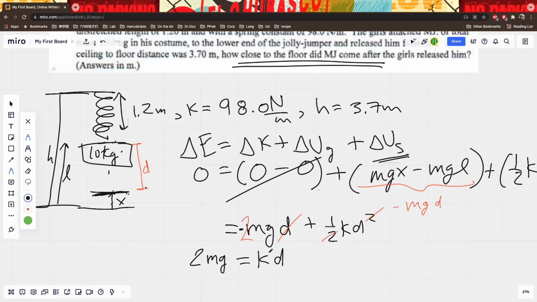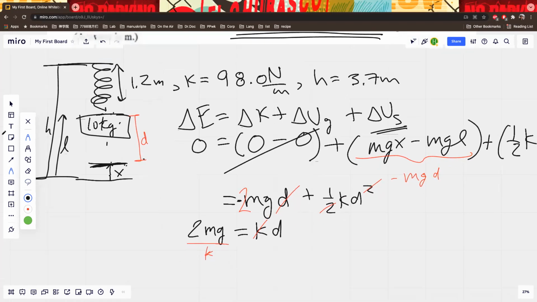And so 2mg over k equals d. So if we do this in the calculator, we should end up with d equals 2 meters.